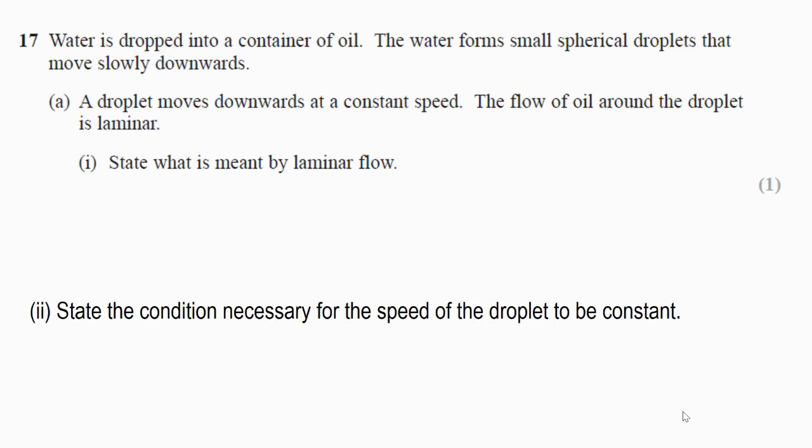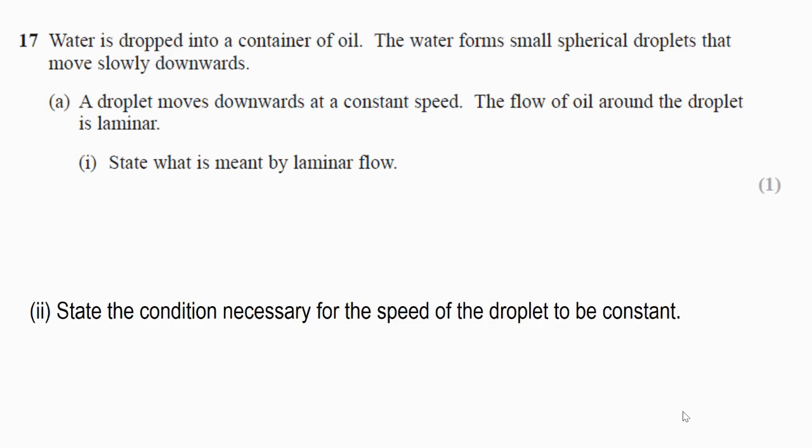Then we have to state what is meant by laminar flow. Laminar flow is a type of flow where the fluid layers are moving parallel to each other. There is no intermixing of fluid layers taking place.